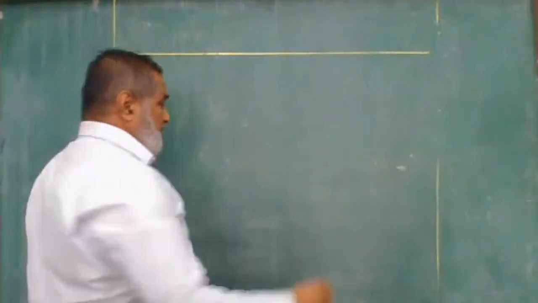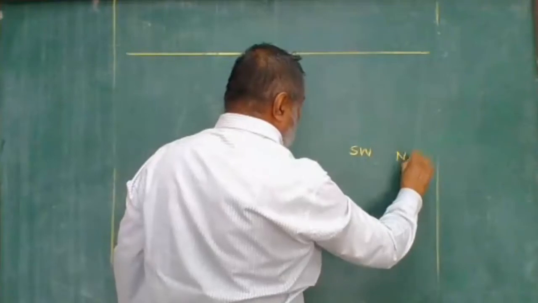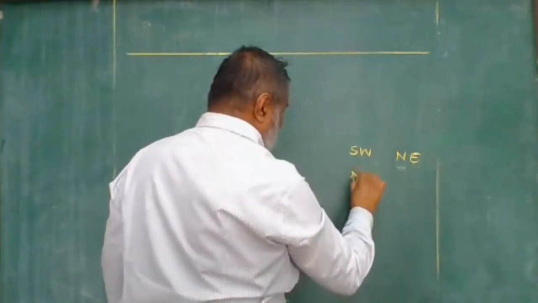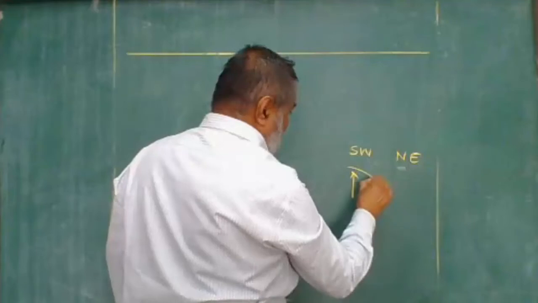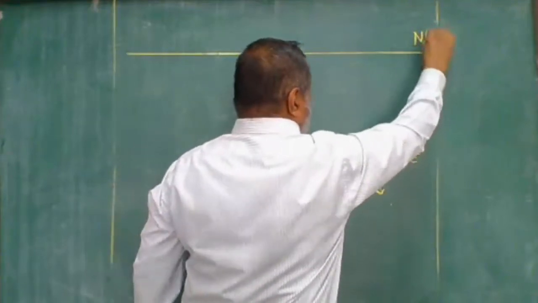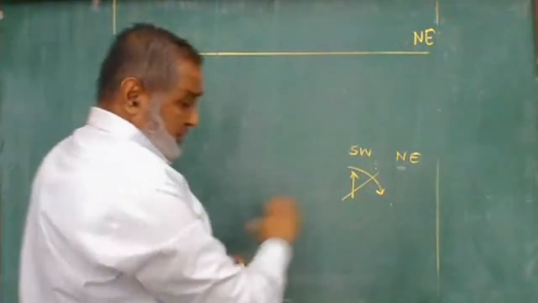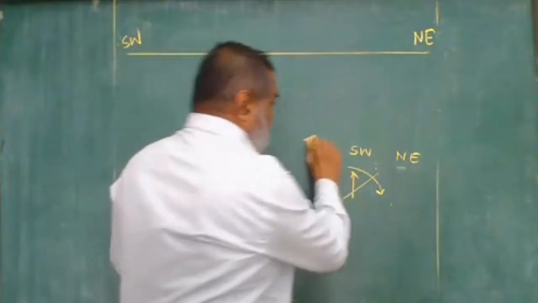Here it is given southwest and northeast. North is here, so northeast will be here and southwest on this side. This is the position; you have to check it.